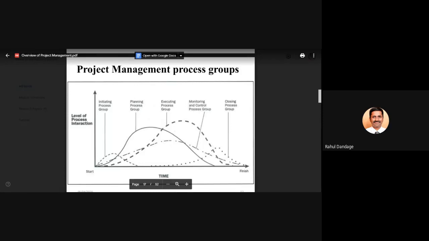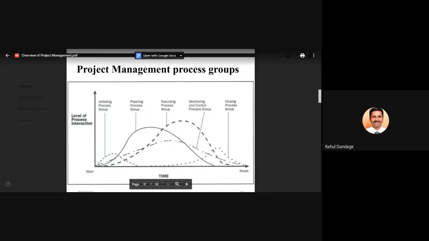Similarly, if you see the third group, that is the executing process group, initially at the start point there is not much work, not much level of interaction. But you can see it gradually starts increasing after a certain duration after the start of your project, and then it goes on increasing rapidly.